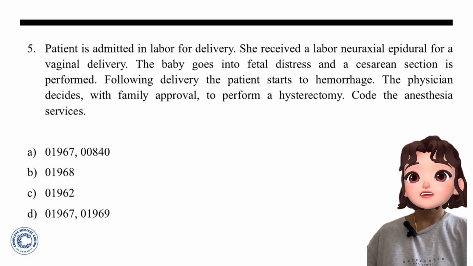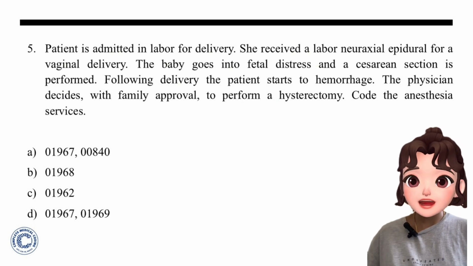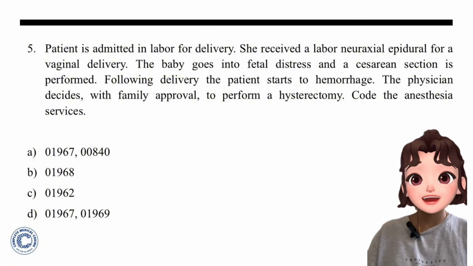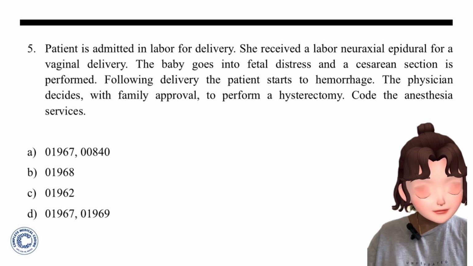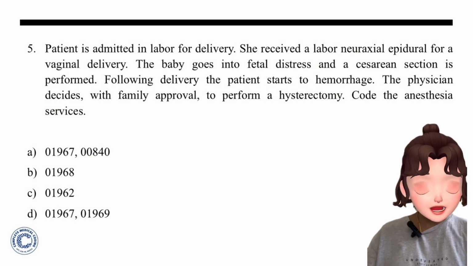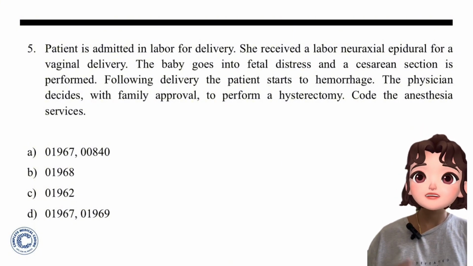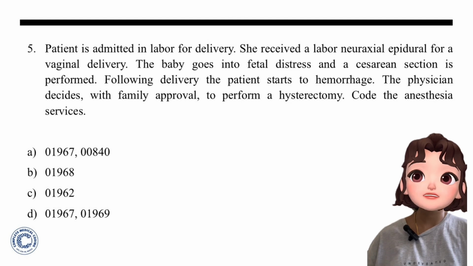Alright, going to the first option, 01967, the first code. What is 01967? Neuraxial labor analgesia or anesthesia for planned vaginal delivery. Yes, in the question the patient is in labor for delivery, so it was a labor neuraxial epidural.